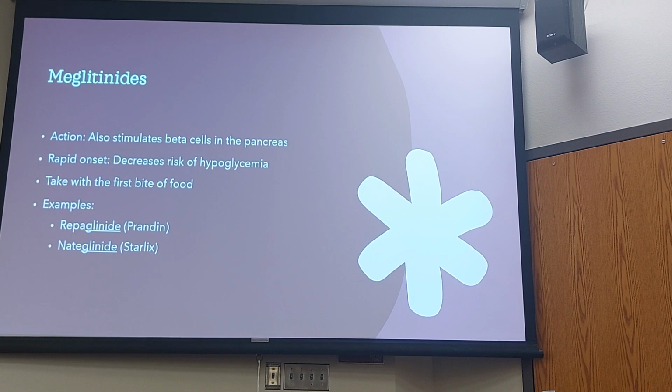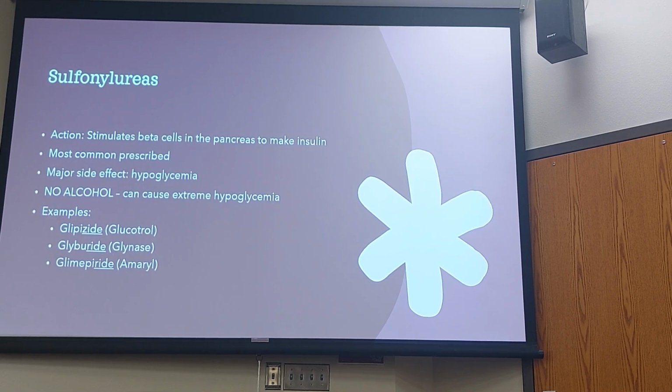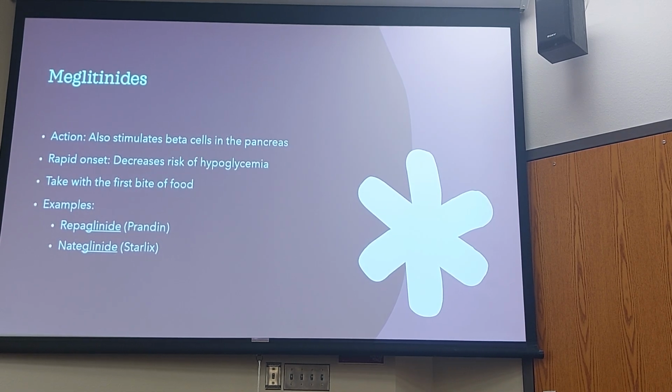So we've got repaglinide and nateglinide, very similar, like we're saying back here. We've got the zides and the rides and the glinides. Still doing the same thing, working on those beta cells in the pancreas. Even though they're two different drug groups, this one probably has a little quicker onset, which is why you're taking it with food right away.